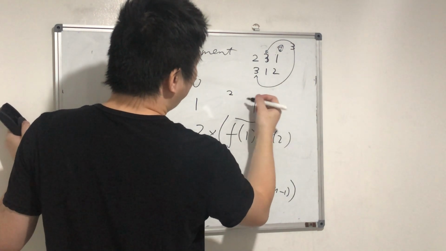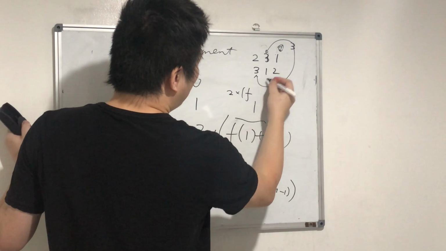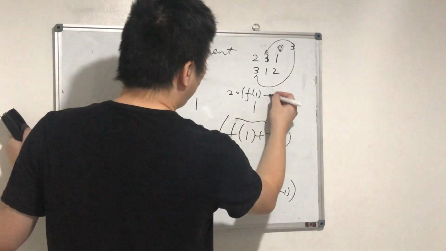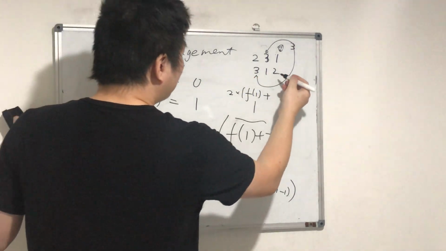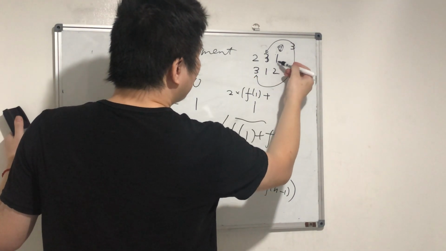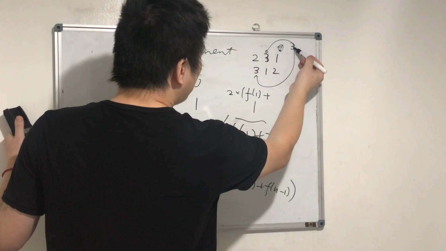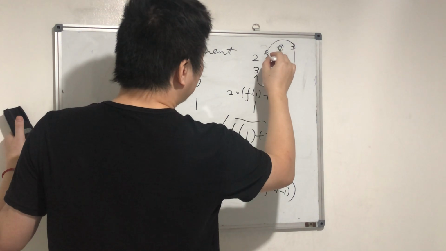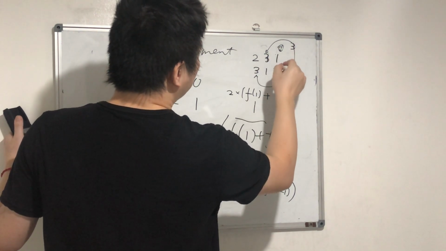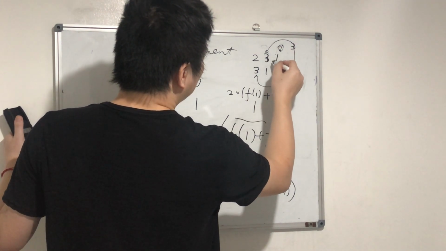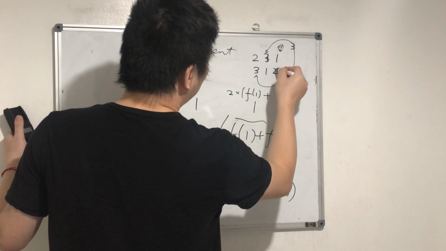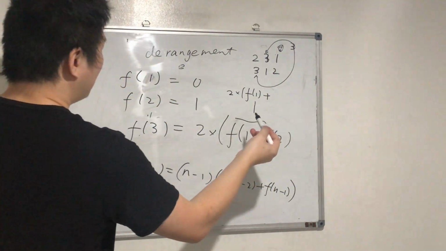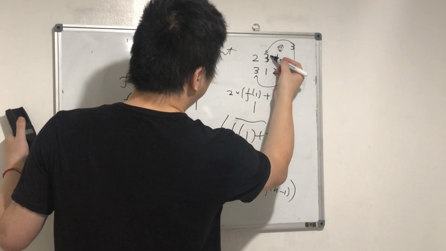So that will be f1, because there's only one. And then if I put 3 in k, and k doesn't swap with the last position, then it will be f what? It will be only one possibility, right?